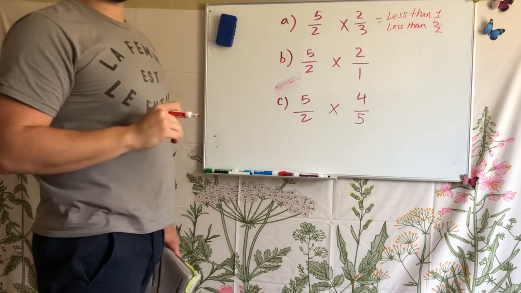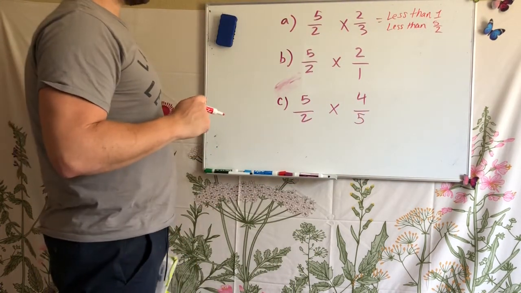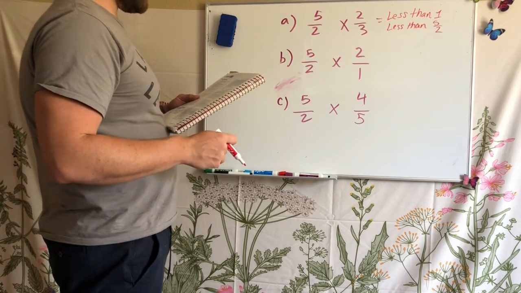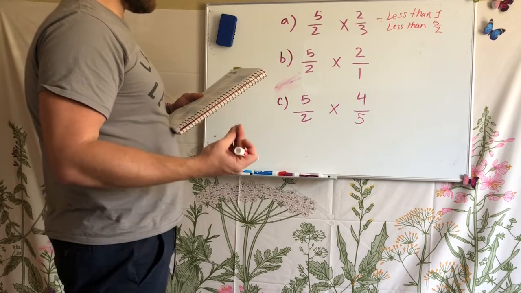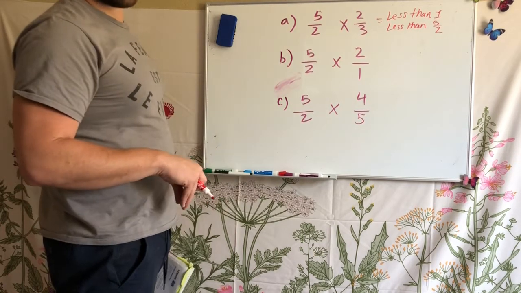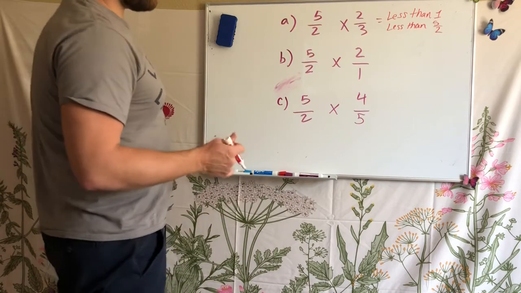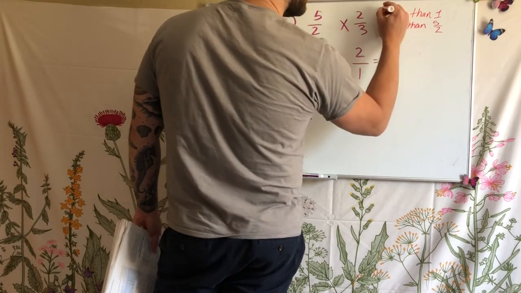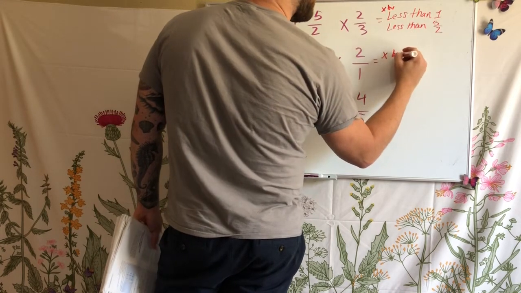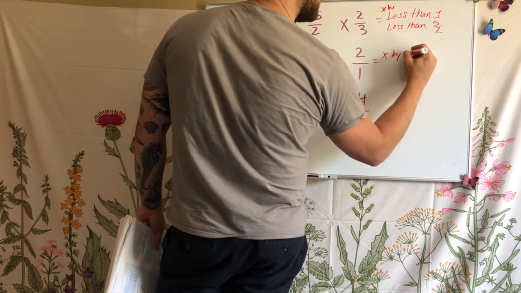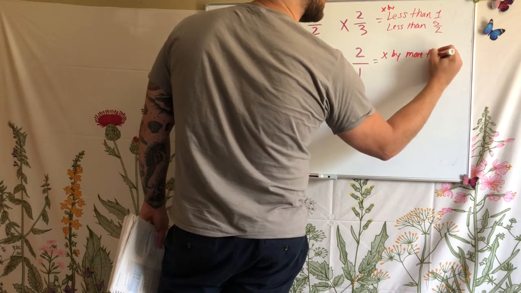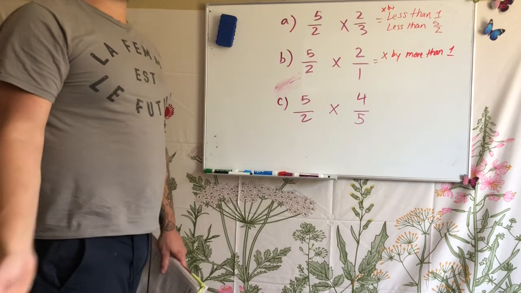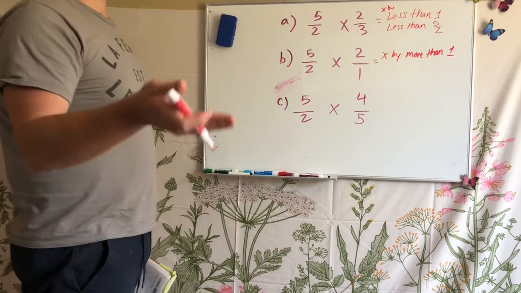Read problem B. Pause the video. 5/2 times 2/1. So, do you multiply by a fraction that is more than 1 or less than 1? Pause the video. More than 1. So, do you end up with a number that is greater than or less than 5/2?